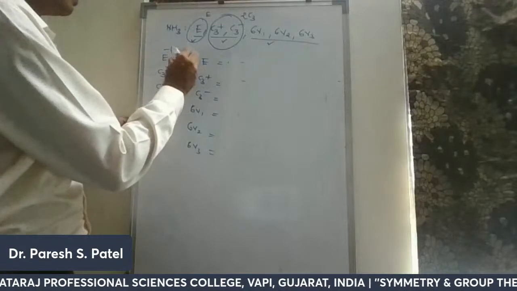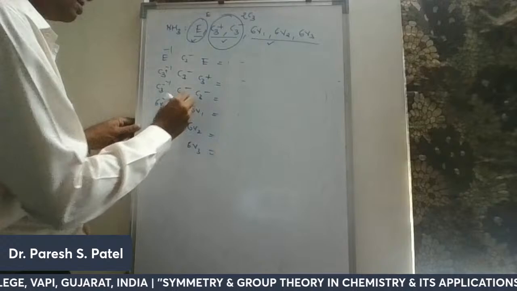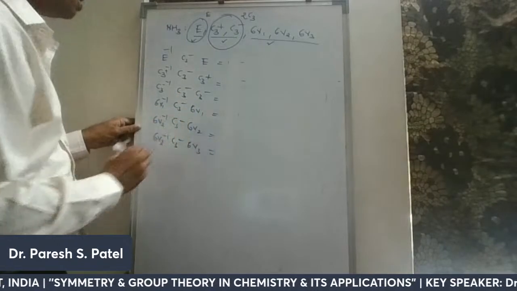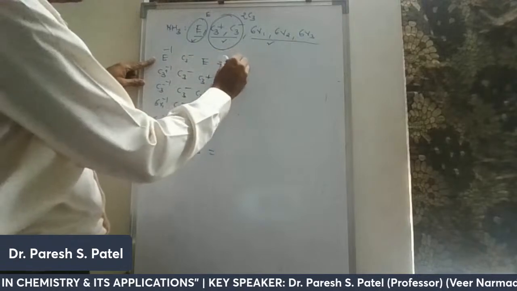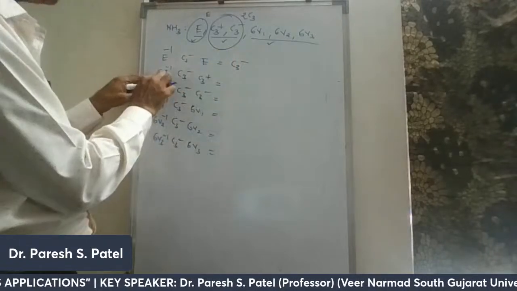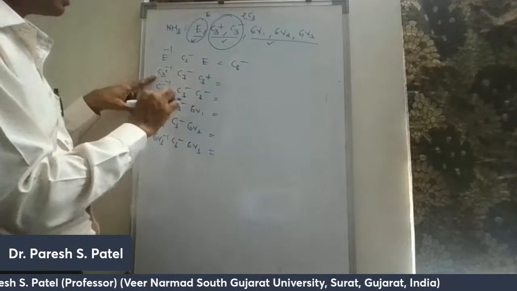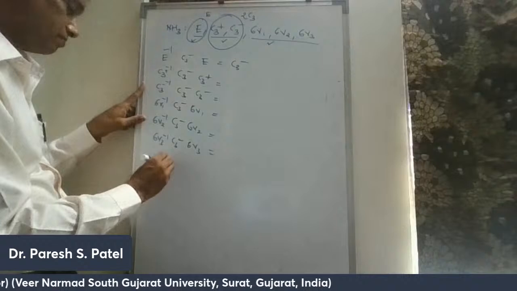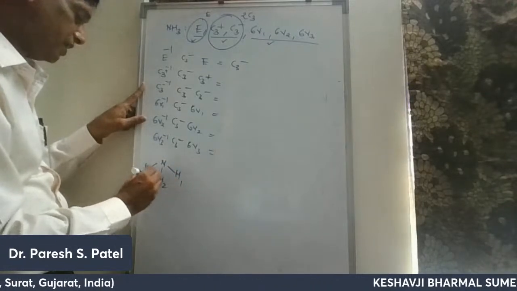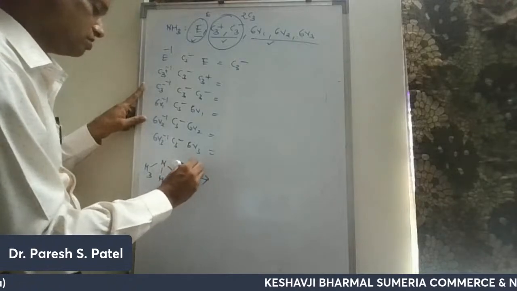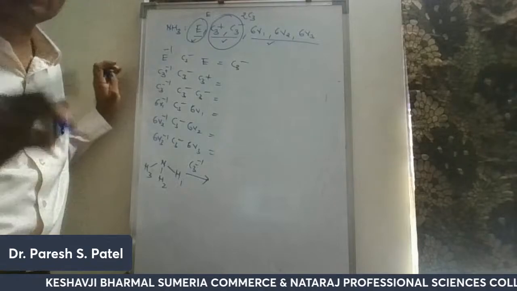C3 minus. So what will happen? E inverse C3 minus E is equal to C3 minus. Here, C3 plus inverse, C3 minus and C3 plus. 1, 2, and 3. C3 minus means one time anti-clockwise rotation.